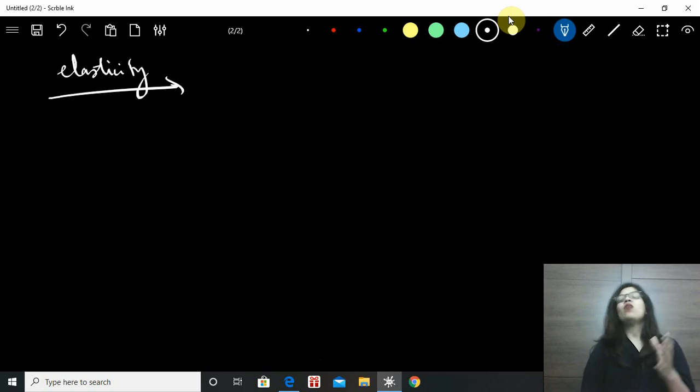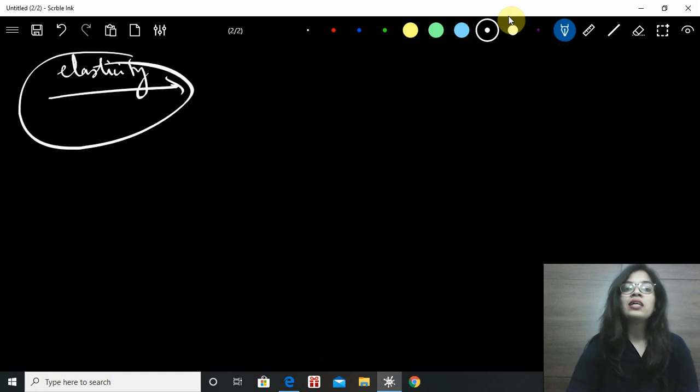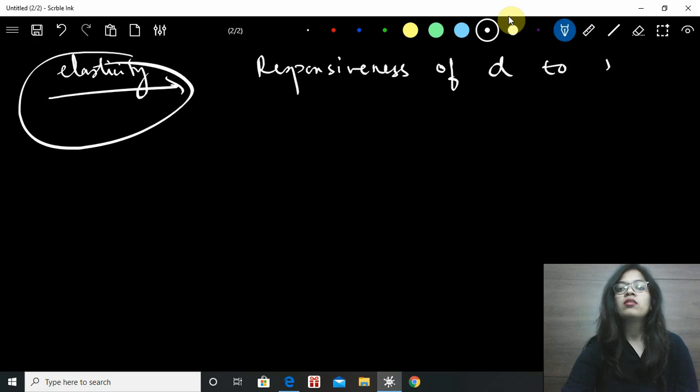Now what exactly do you mean by elasticity? Elasticity is how elastic or responsive one thing is relative to another. Now when we talk of demand elasticities, it is simply the responsiveness of demand to price.